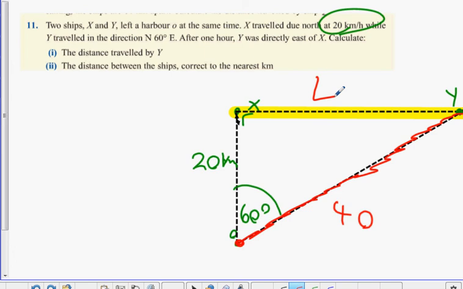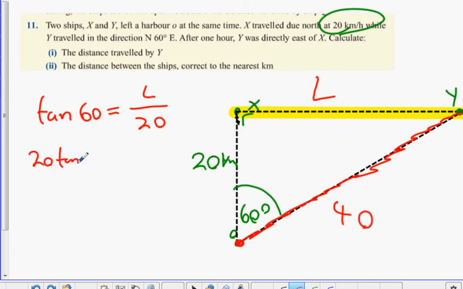Can anybody suggest an alternative method? The way we did the first one, except this time we're looking for the opposite side using the adjacent. How do you find the opposite side using the adjacent? You could use Pythagoras' theorem, or you could use tan 60 equals opposite over adjacent, L over 20. What's L on its own? 20 tan 60.